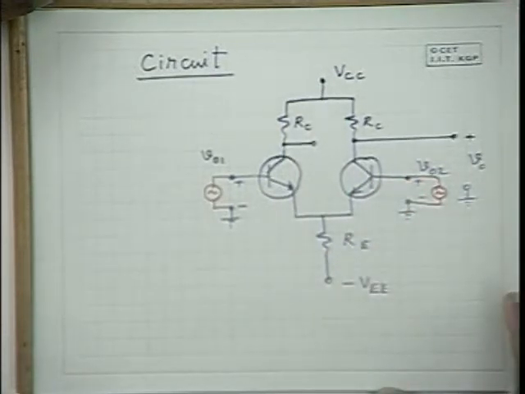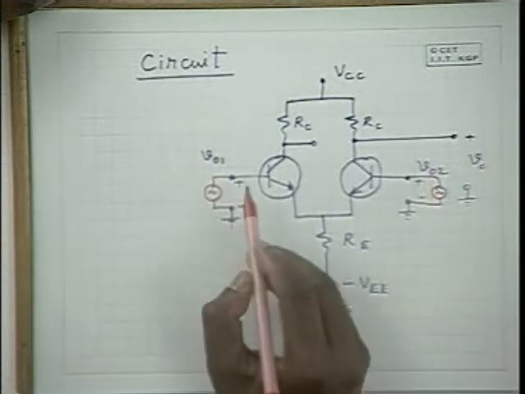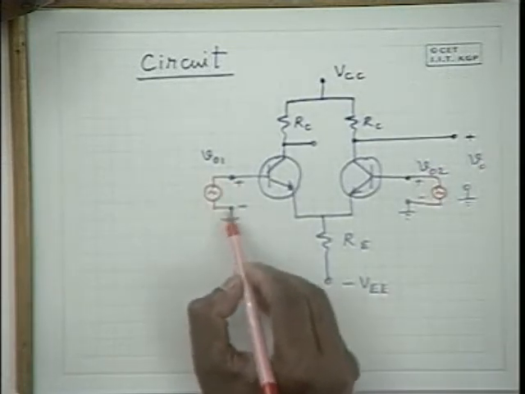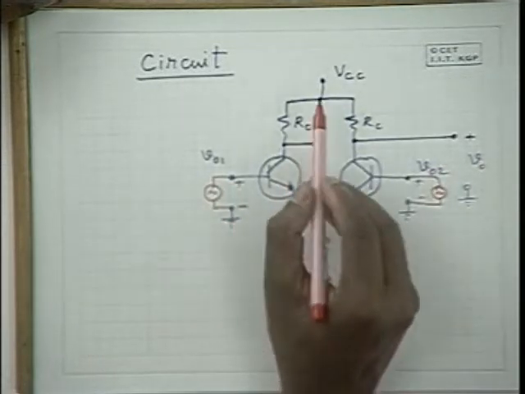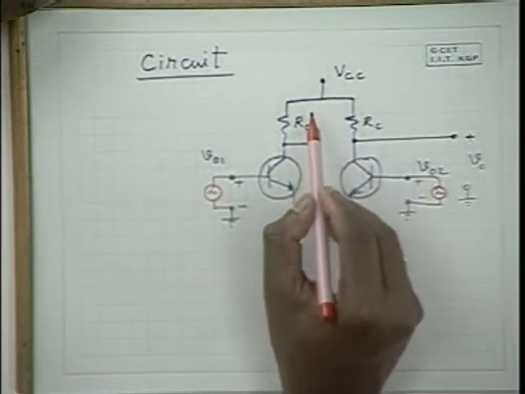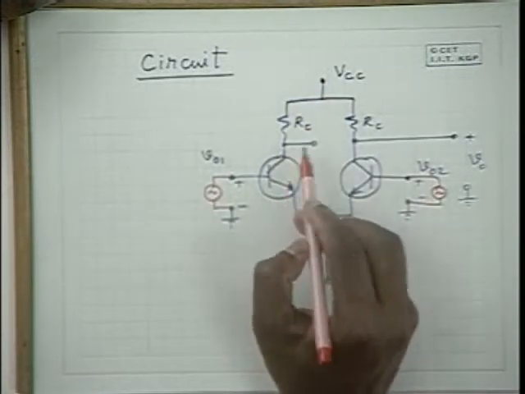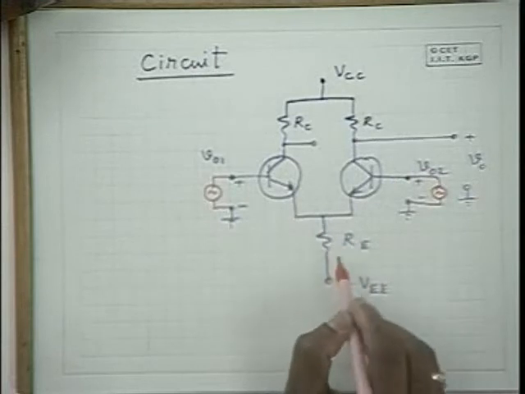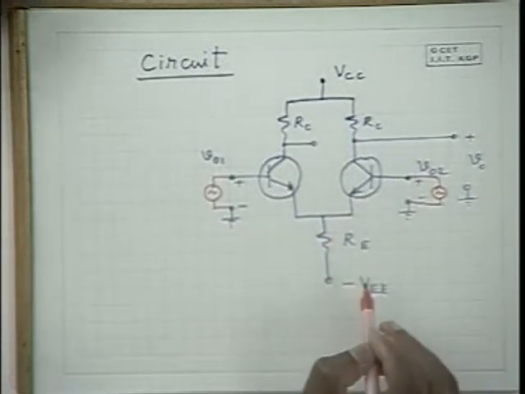So the circuit is biased by grounding the base and connecting a positive supply through RC to the collector and a negative supply through RE to the emitter.